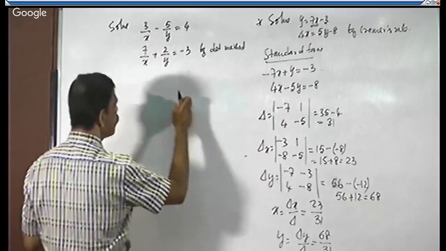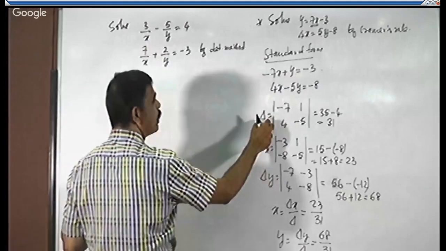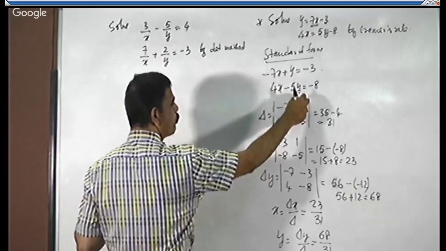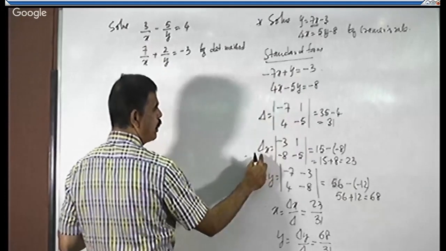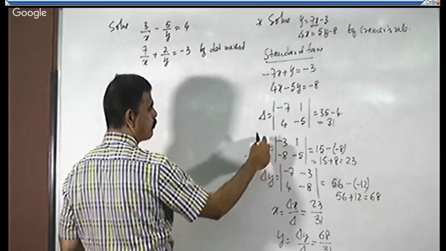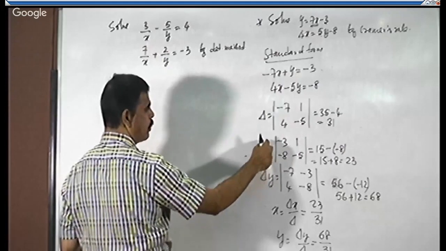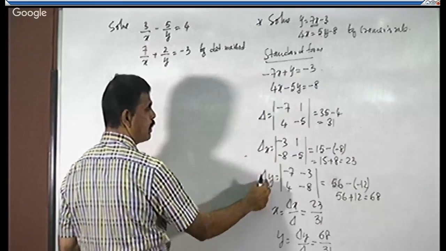But here we need to take the 1 by x coefficients and 1 by y coefficients. Instead of delta x, we have to take the 1 by x coefficient.